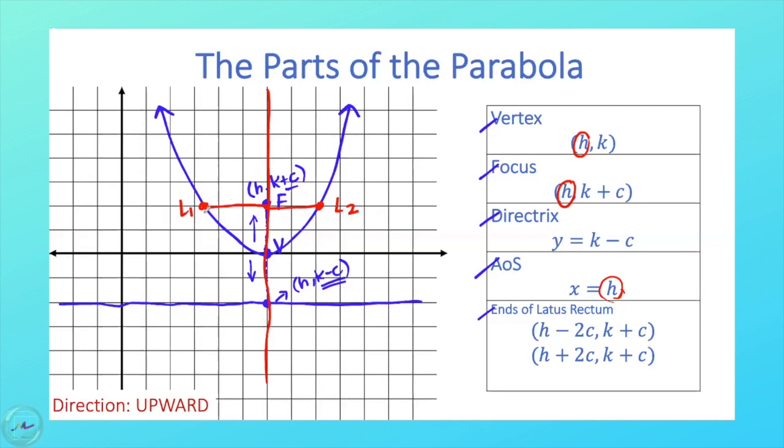Ngayon, since yung length ng latus rectum is 4c, yung kalahati niya is 2c, which is why from the focus, if you move to the left, then from h, k plus c, you will have h minus 2c, kasi nag-move ka pa kaliwa ng kalahati ng 4c, which is 2c. And then you just copy whatever is the k coordinate, which is k plus c. And here, the coordinates are h plus 2c since you move to the right of the Cartesian plane. So that's k plus c.